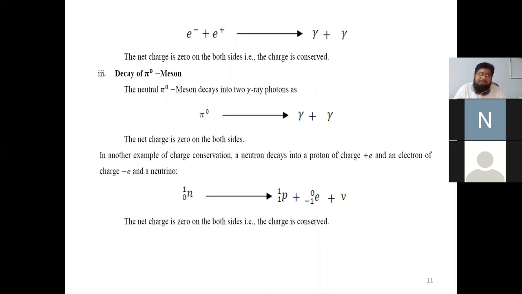Because we know that there is no electron or negative charge particle inside the nucleus. Inside the nucleus we only have neutrons and protons. Proton is positive and neutron is the neutral particle.